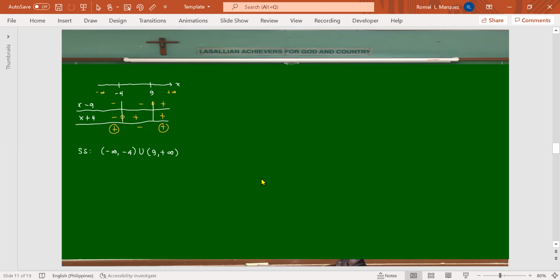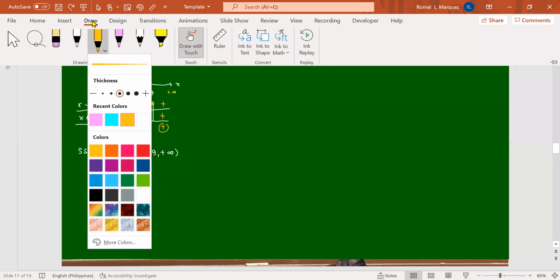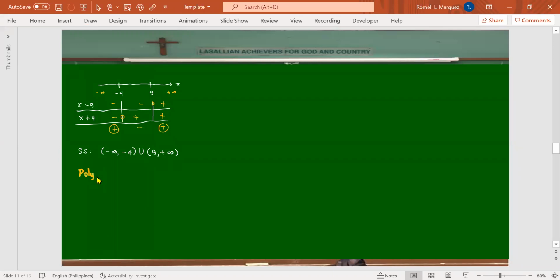None. Okay. What about if you have a polynomial inequality? If you have a polynomial inequality, you will have more factors. Let's say I have a polynomial p of x less than, greater than, less than or equal to, greater than or equal to 0.